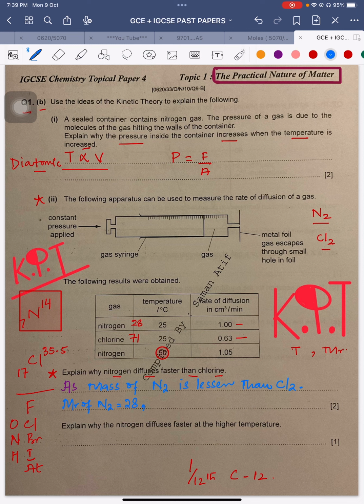You should give a reference as well. Mr of Cl2 is equal to 71. Hence, N2 will diffuse faster.